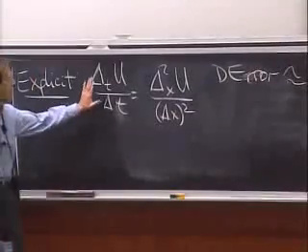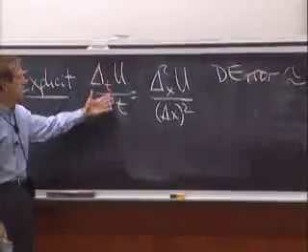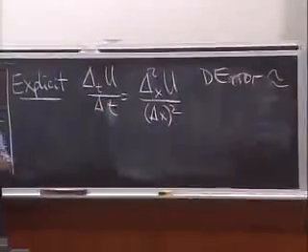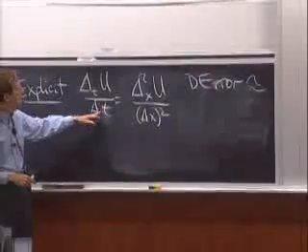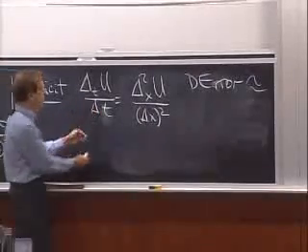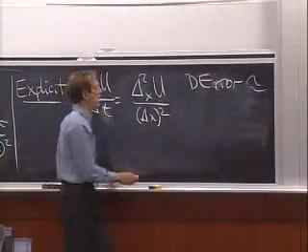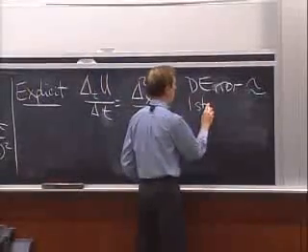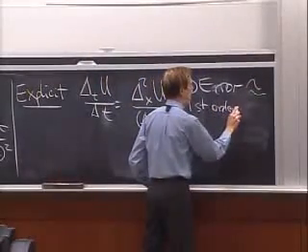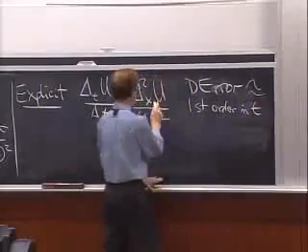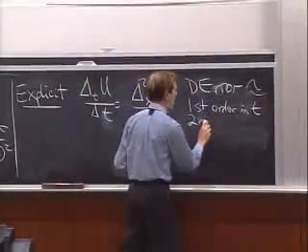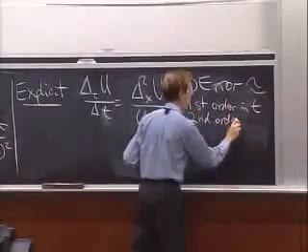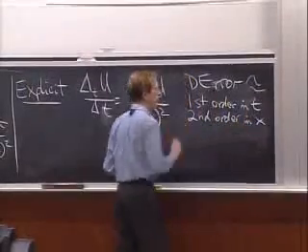So the discretization error in a forward difference, when I divide by delta t, is first order in t, and the center difference, because of the symmetry, is second order in x.